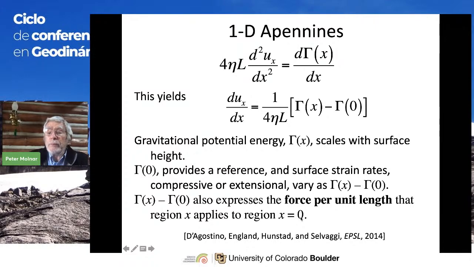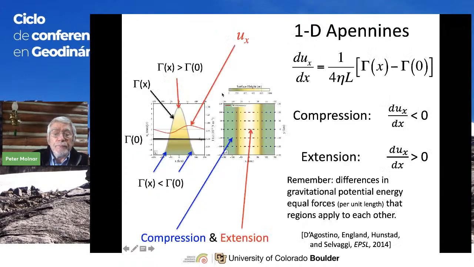So as an example, here's that same basic equation. This over here is a plot of potential energy. This gray line is potential energy as a function of x. X goes from the left to the right, increasing to the right-hand side. And here is an assumed value of the background gravitational potential energy, gamma 0, this value up in here.